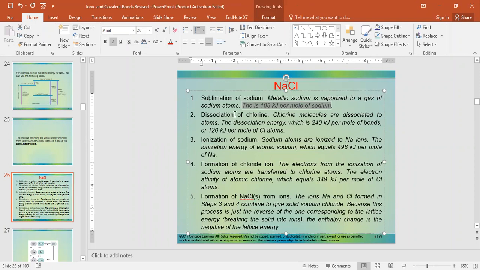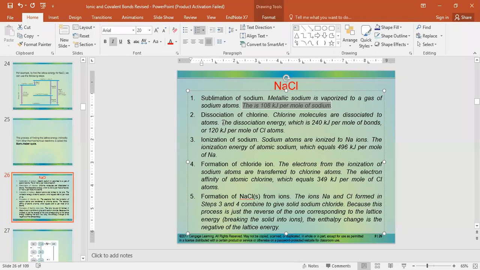Then chlorine, because it's already in gaseous form, we break it down. The chlorine molecules are dissociated into atoms, and they are going to be in the gaseous state.